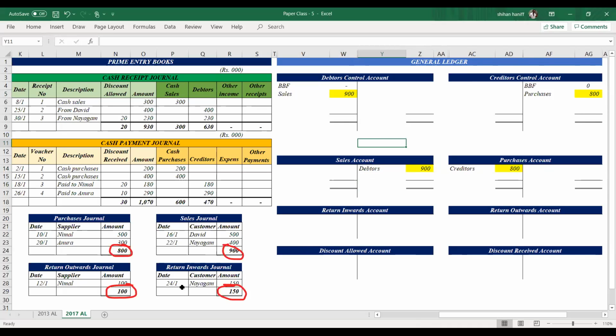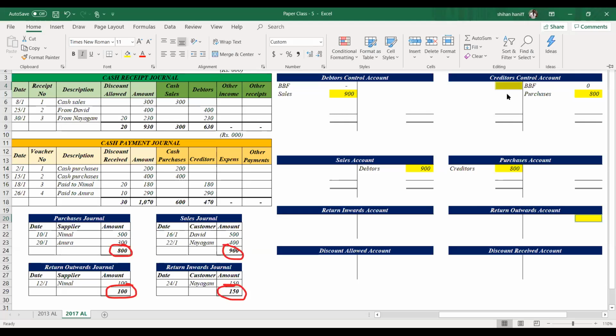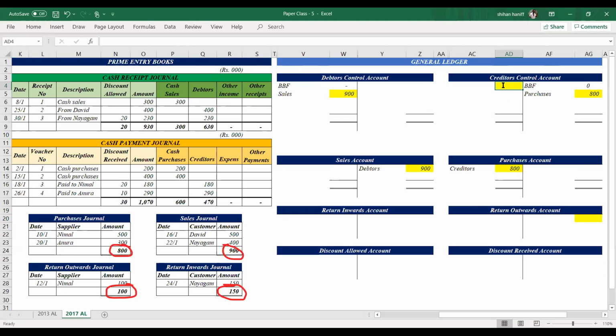Return outwards. What's the double entry for return outwards? Creditors account debit 100, return outwards account credit 100. Purchases return.